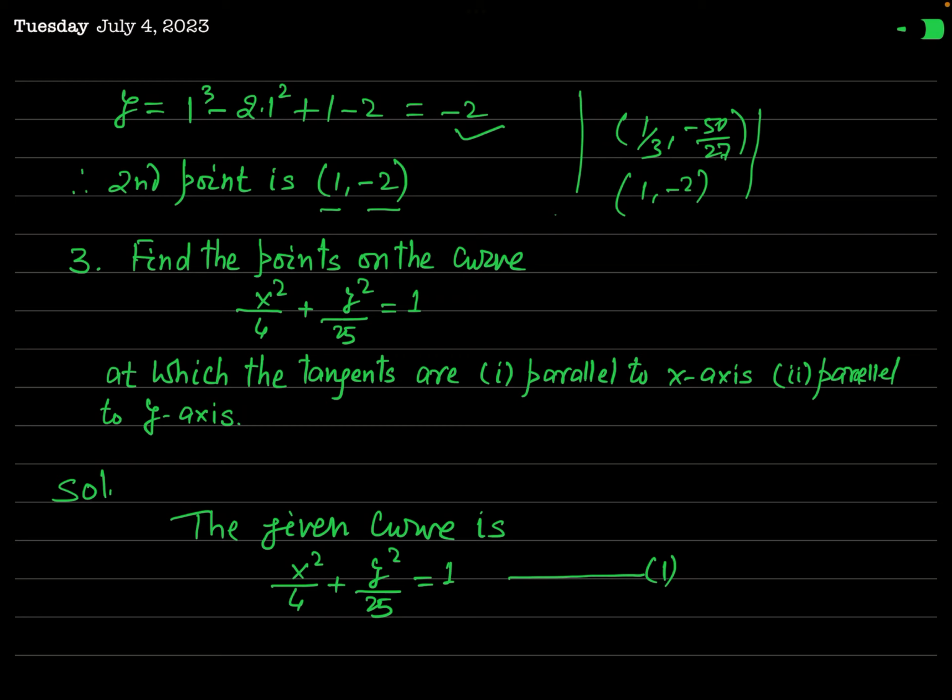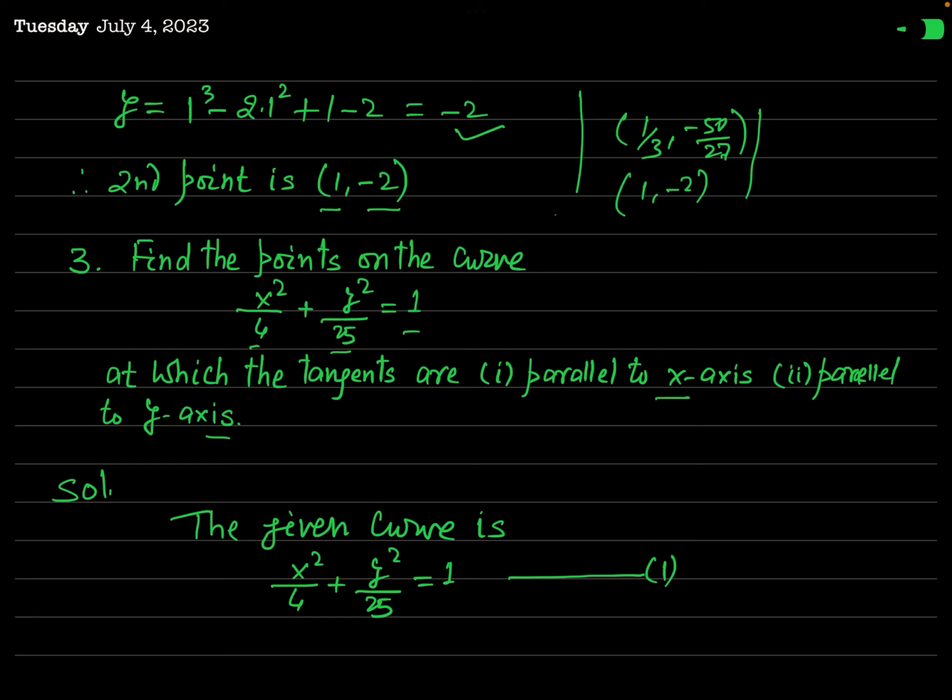Now, to clarify your concept, I am taking here the third example. The third example says: find the points on the curve x square over 4 plus y square over 25 equal to 1, at which the tangents are parallel to the x-axis and parallel to the y-axis.